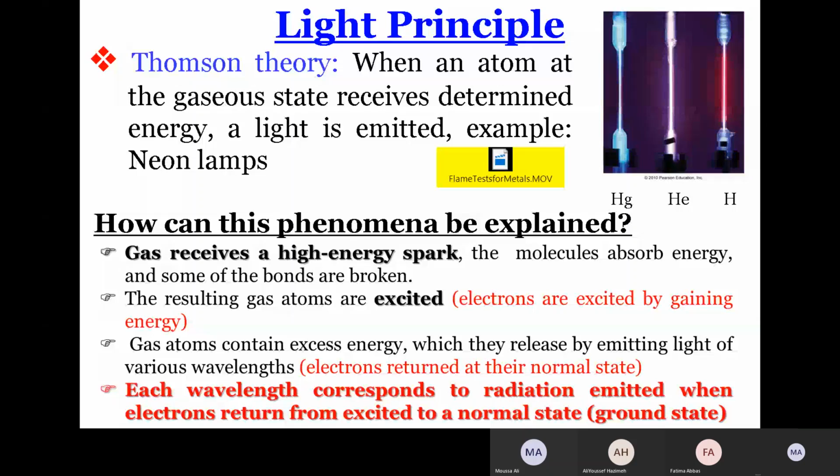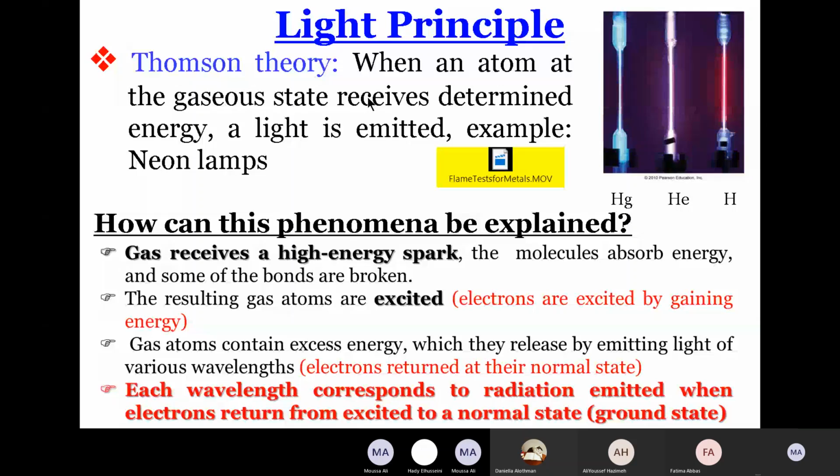Now we will pass to explain what is the source of this light at the microscopic scale, so at the level of, or at the scale of the atom.